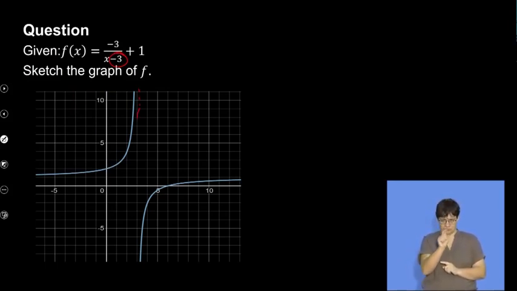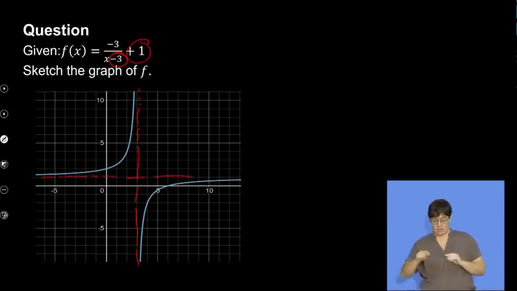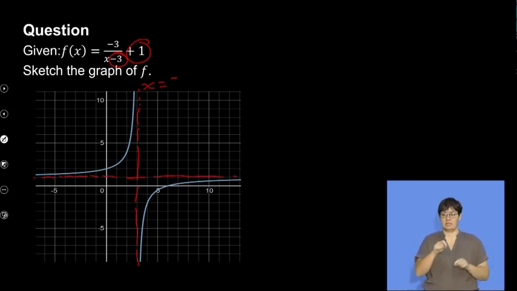So you're going to draw a vertical dotted line going down that way to indicate the vertical asymptote, and then positive 1, which will be a horizontal line like that. And that's where our asymptotes are going to be. So you'll write here x equals 3, and then here y equals 1.